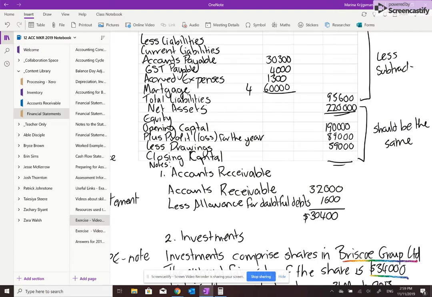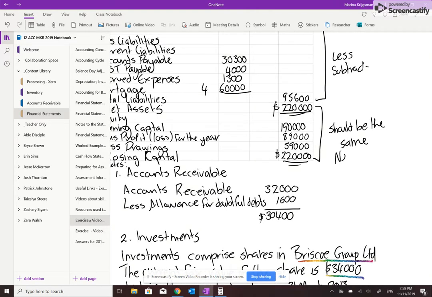So we start with our opening capital of 190,000. We add on our profit of 89,000 minus 59,000 for that, and we get 220,000. So we get it correct. Well done.